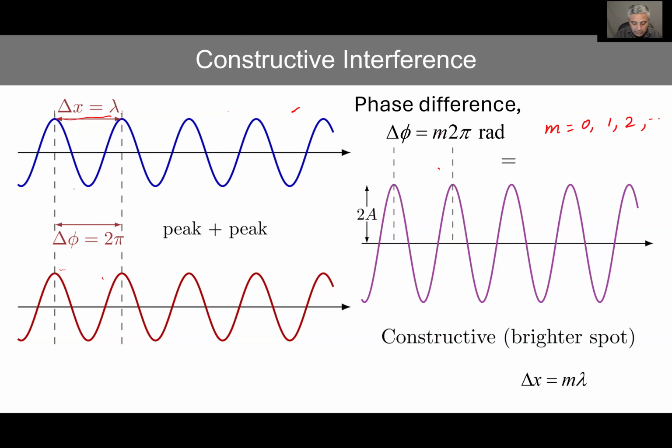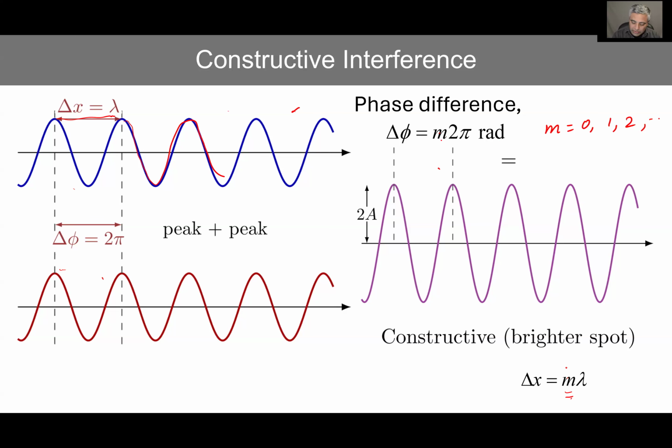So this is one wavelength, and in terms of wavelength as well, it is doing the same thing. So that means this 2 pi radian is equivalent to lambda wavelength, or one full wavelength. So we multiply that m by either a full wavelength or 2 pi radian phase, keep that in mind, and the result is equivalent, and that gives us constructive interference.